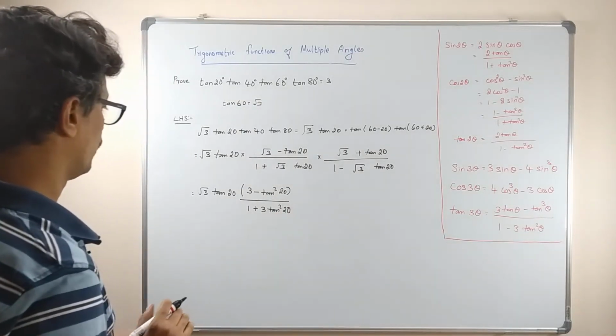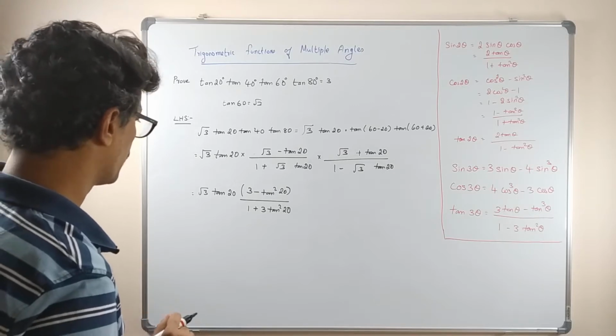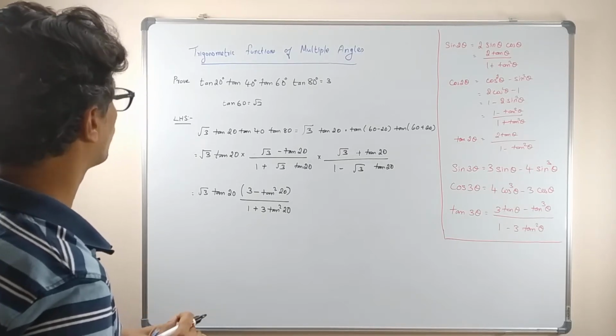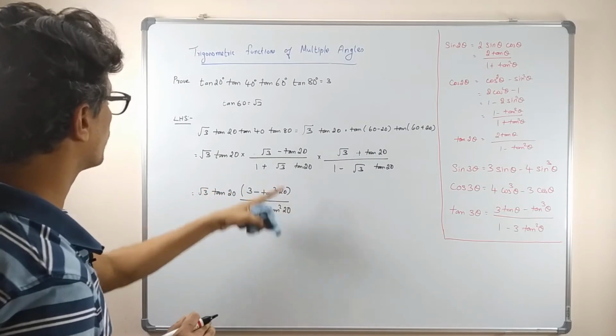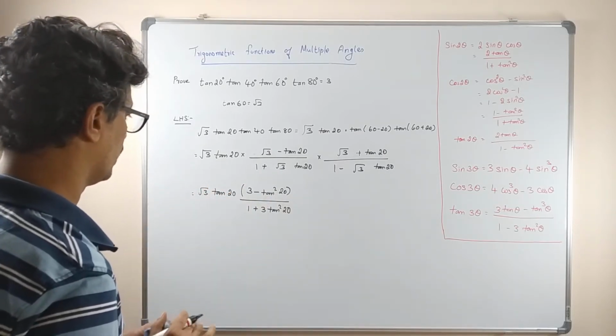Will that help us? Somehow we have to get it in this form. Somehow this whole thing has to come out as root of 3. How will we do that?